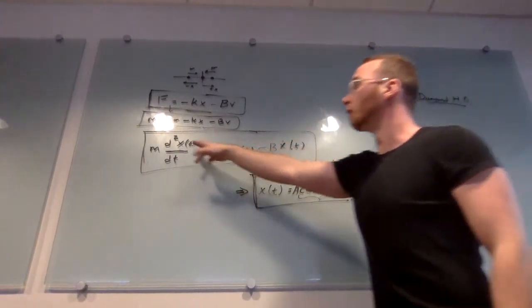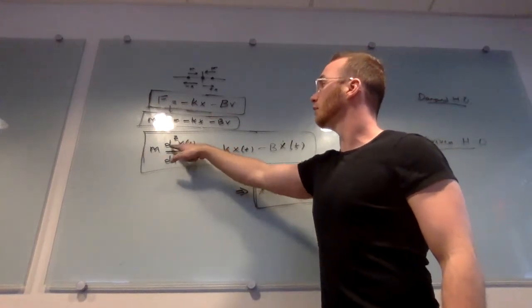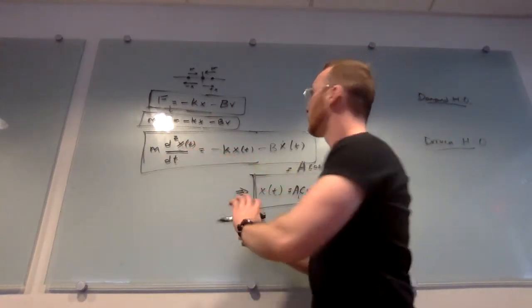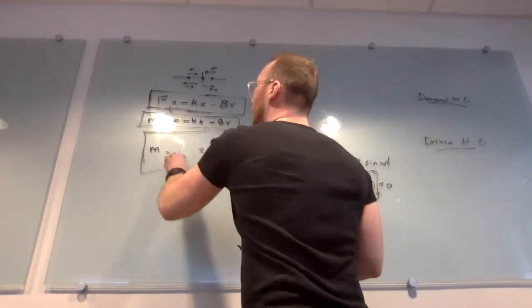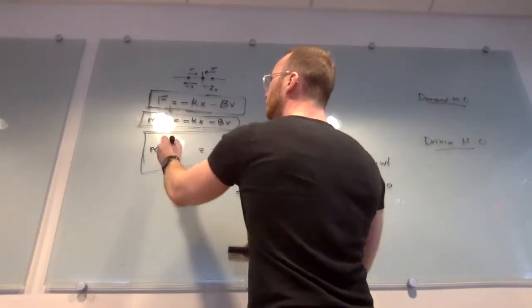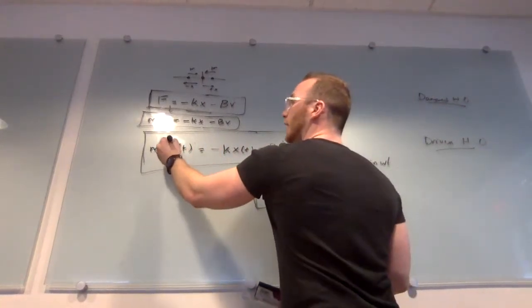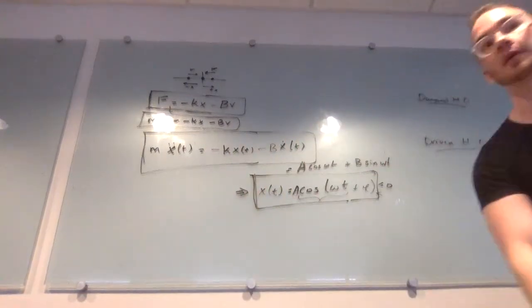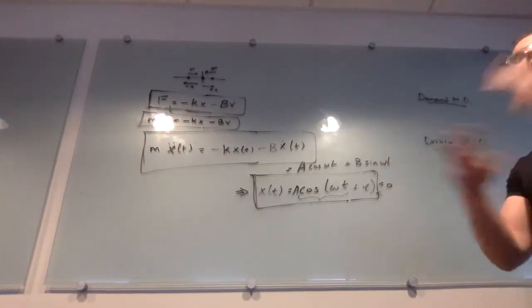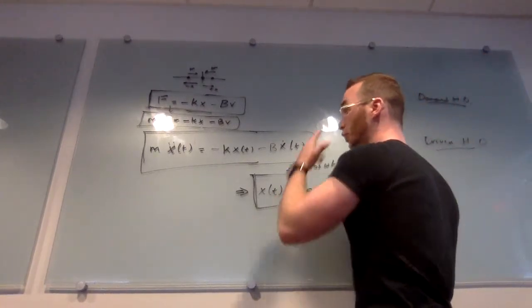You could have higher-order derivatives, I should write this as x double dot, but it's not like we have x double dot squared. If we had anything squared, it would not be linear anymore, and we'd have to use different methods to solve it. This is a linear differential equation.